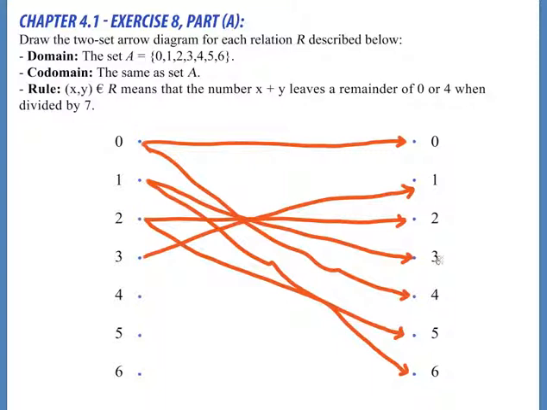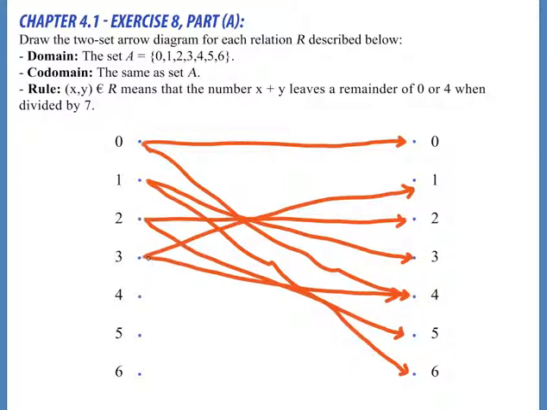There's no remainder of 0 or 4 there. 3 plus 4 is 7, divided by 7. There's a remainder of 0 there. So the 3 would connect to the 4, right there. Oop. And when you draw these out, you're going to want to make sure that the arrows are cleaner than this for the test, but it's kind of hard to do that on my tablet, so just imagine cleaner arrows. Anyway, 3 plus 5 is 8, divided by 7, there's no remainder of 0 or 4, or 3 plus 6 is 9, divided by 7, there's no remainder of 0 or 4, so we're done with checking the 3s.